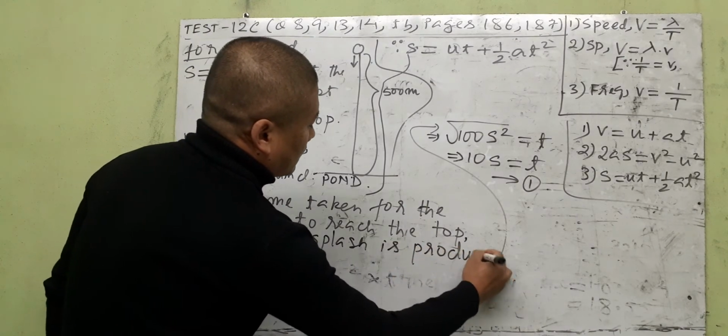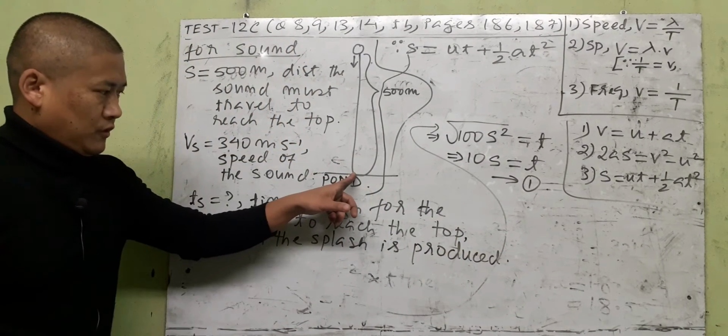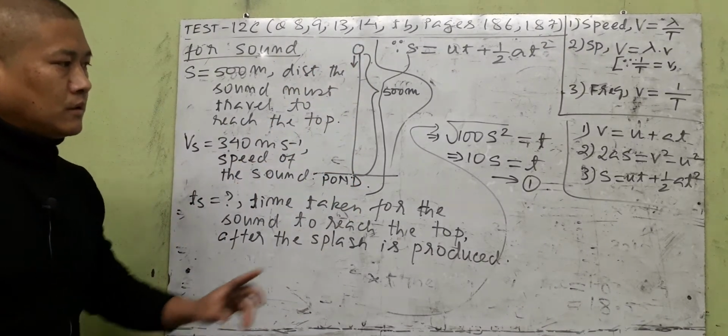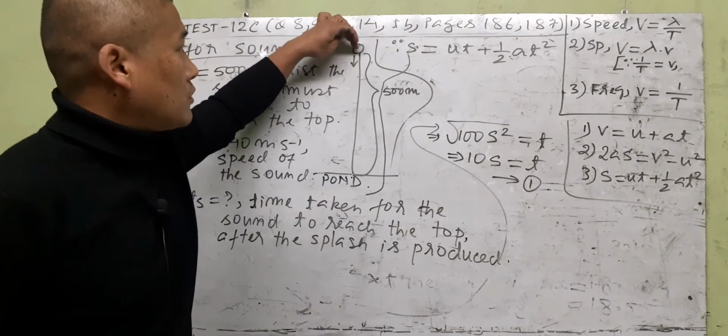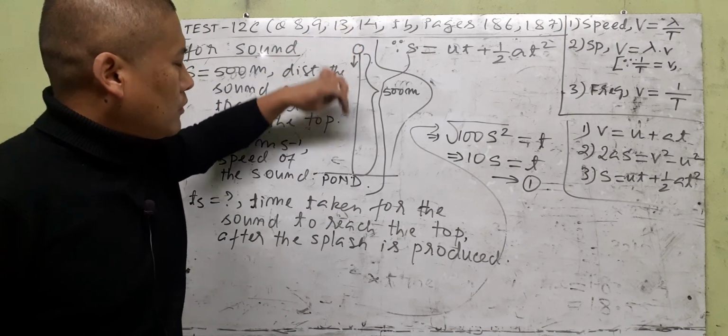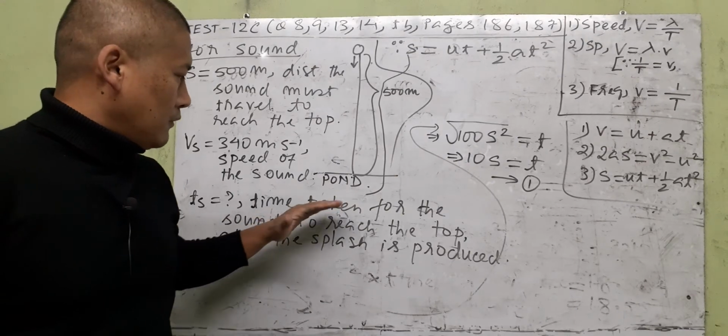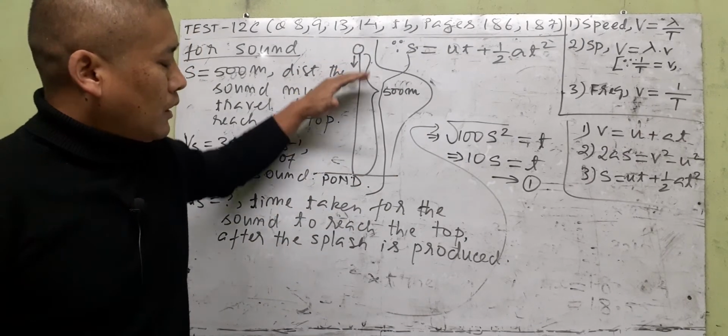I hope you're getting it right. After the sound is produced, the sound reaches the top. This is the TS. T is the time taken by the stone to fall from top to the pond before the sound is produced. TS is the time taken for the sound to reach the top after the splash is produced.